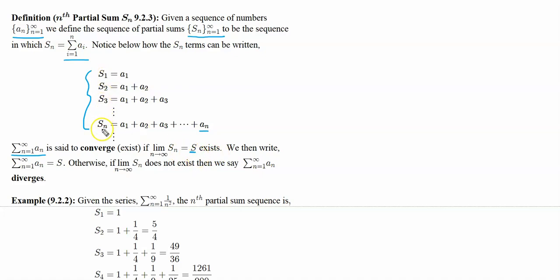So if these numbers as n goes to infinity approach a finite number s, then we say the series involving the an's converges to that number s, and we write that it is equal to s. Otherwise, if this limit does not exist, then we say that the series diverges. So that's how we define convergence and divergence for a series.